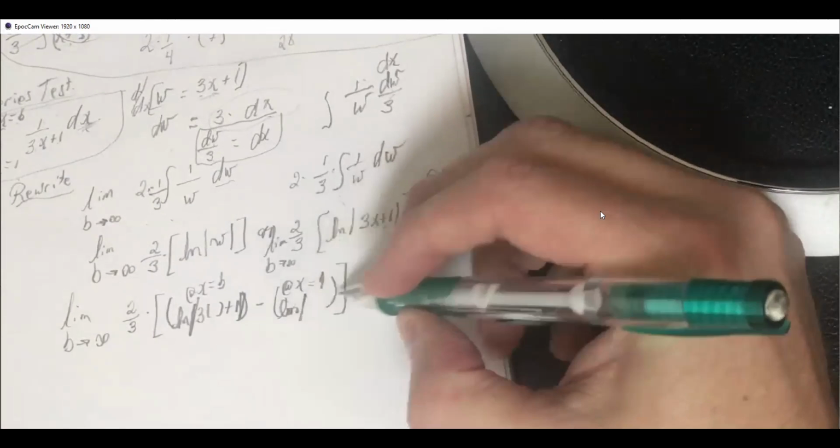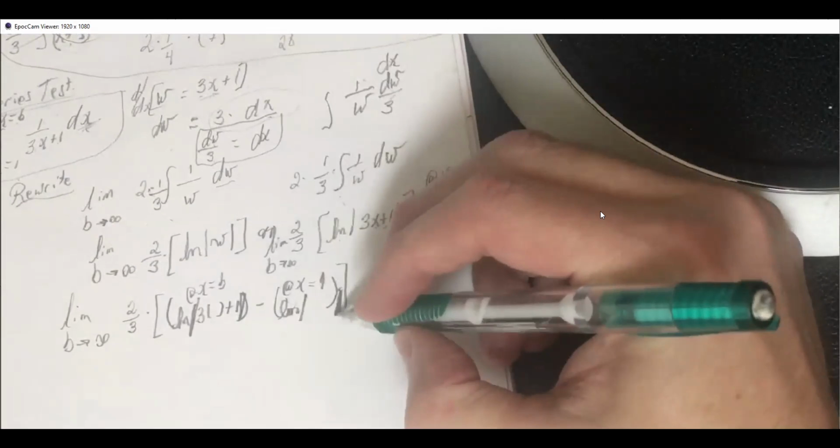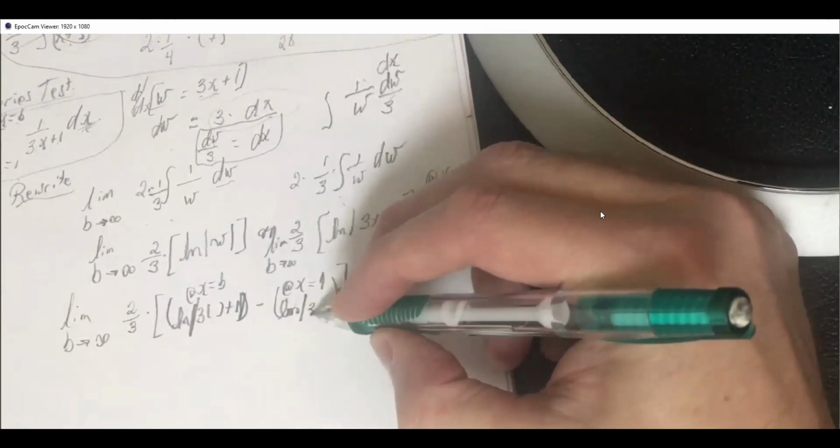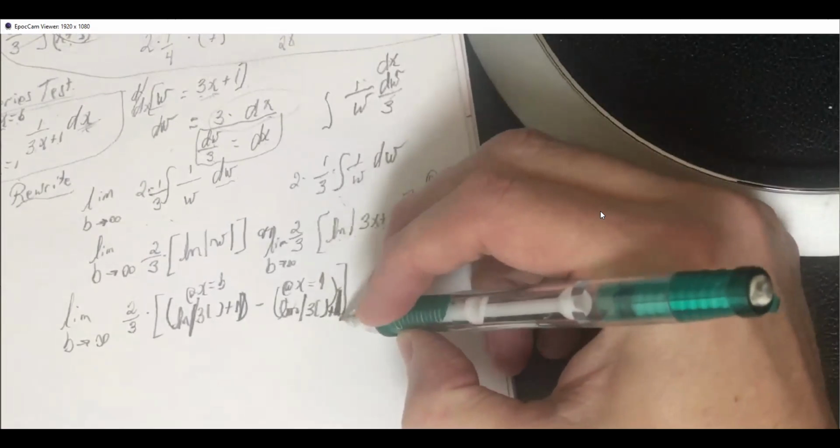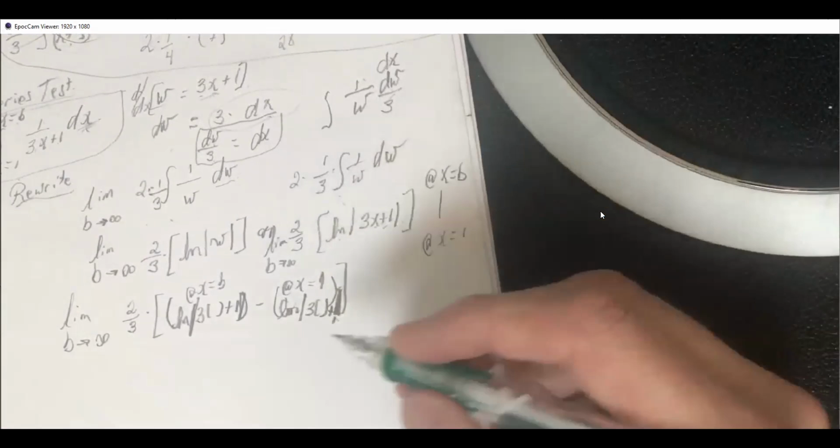ln absolute value of 3 times, I should wait on these grouping symbols. I'm sorry.